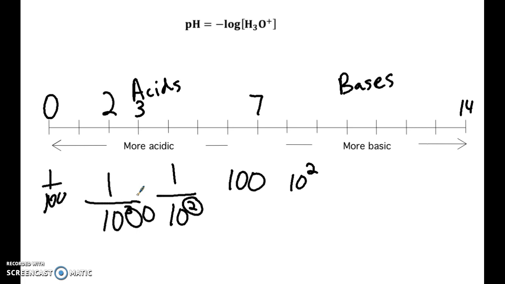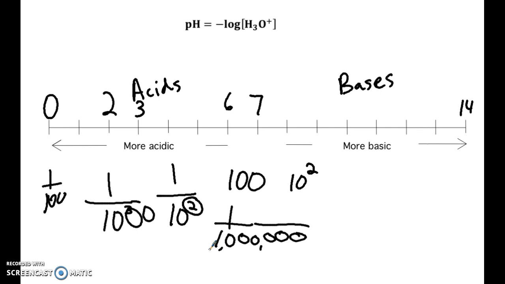As this exponent gets bigger, it makes the denominator bigger, so it makes it a smaller amount of acid or hydrogen ions, which makes it closer to 7 and makes it less strong or less powerful of an acid, or less acidic, because it has less. If you had 6, that would be 1 over 1 millionth. So 1 over a million, and so it would be much less so than this.